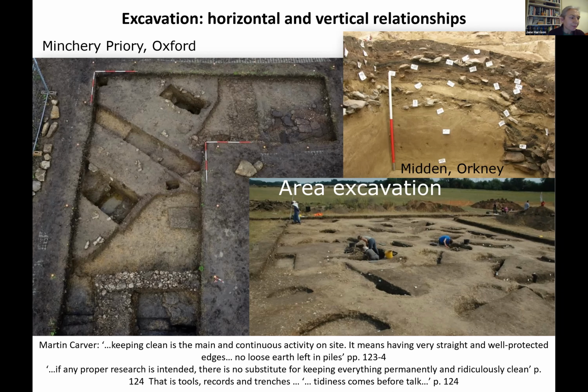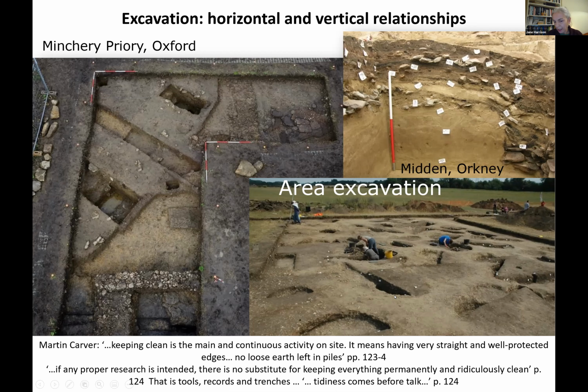Okay, so here you can see more area excavations where you've got pieces of buildings. This is part of a priory. There's actually here a little moat, and we've cut sections across it in order to look at the profile of the moat within the open area excavation. And here you've got that Iron Age site again, where we've cleared the whole thing, but then we're taking half of the pits out in the reverse of the order in which they've been intercut.